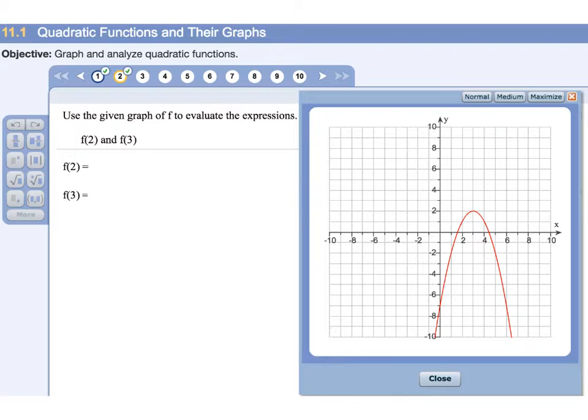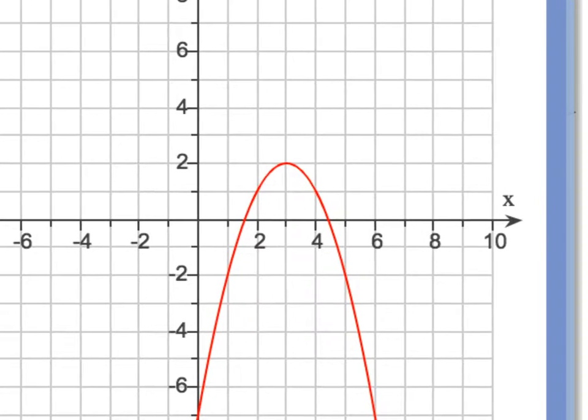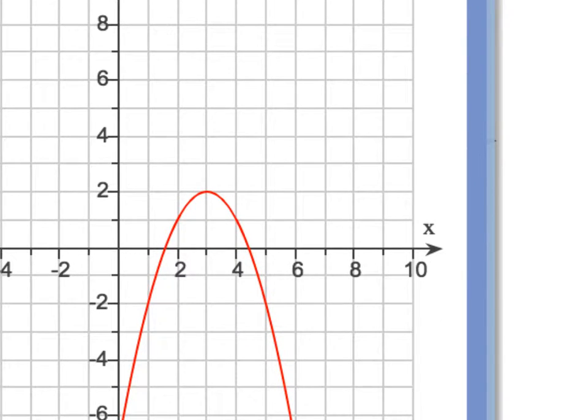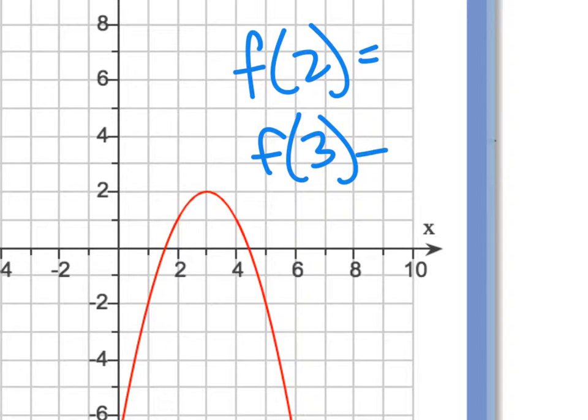Now this one we don't need Desmos yet either. Again, they're just asking what is the f of 2 and f of 3. So we're going to go over here to our graph and zoom in. We want to know f of 2 and f of 3. Let's start with f of 2. We look for 2 on the x-axis.